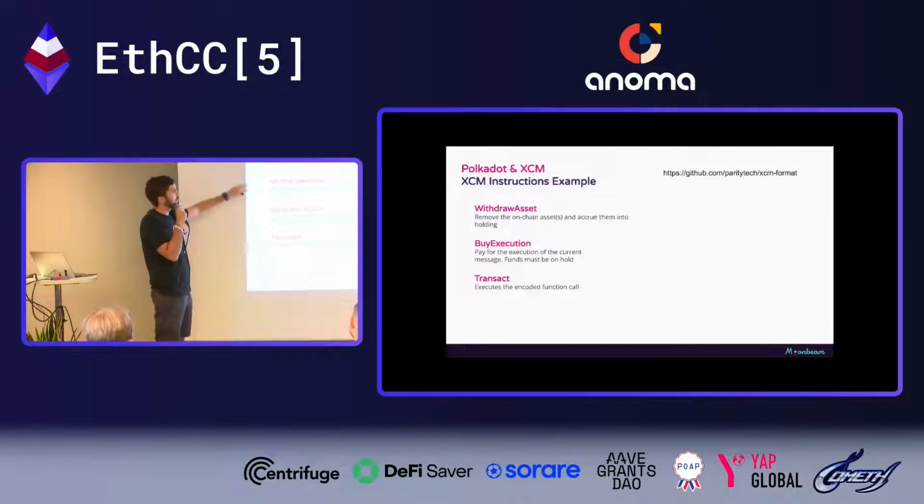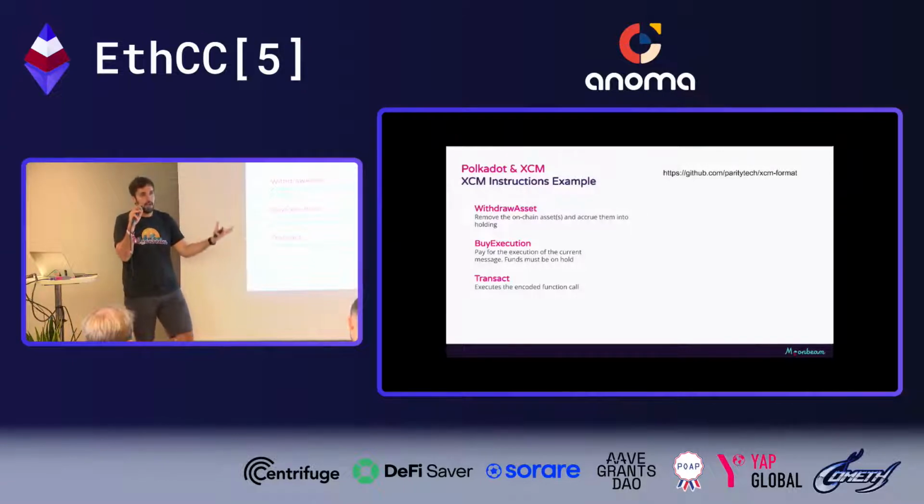So for example, these 3 instructions withdraw assets from a special account in the target chain. Let's say I'm talking with Polkadot, right? So I'm telling Polkadot, hey, Polkadot, I want to remove X amount of tokens from a special account on Polkadot. With those tokens, I want to buy some execution time of your block, right?